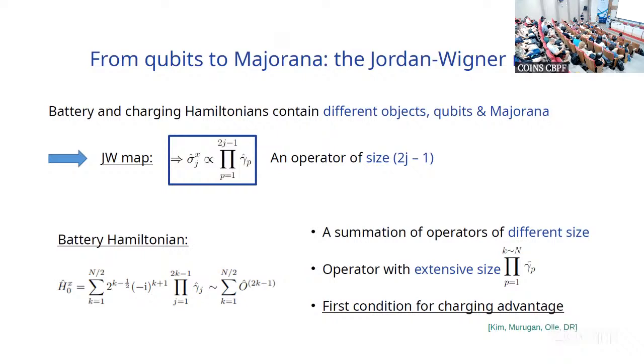But again, this should not be taken as a problem, because in a sense the Jordan-Wigner is part of the protocol in realizing the battery. Suppose that you have a quantum computer, so you have a natural realization of the qubit, but you don't have a natural realization of the Majorana. That is part of the protocol. You have to encode the Majorana degrees of freedom into the qubits, and the Jordan-Wigner is part of the protocol. So if you take another Jordan-Wigner realization in which this extensive property is gone, the charging advantage is also gone. So it's really part of the protocol at the very end.